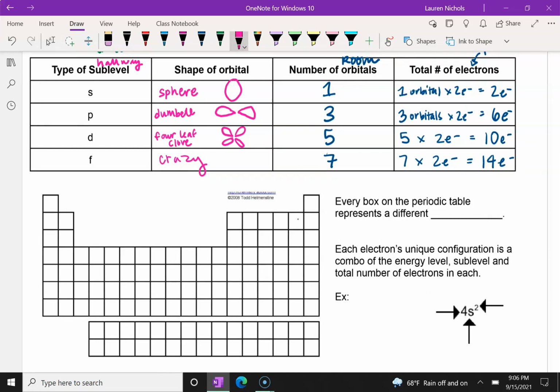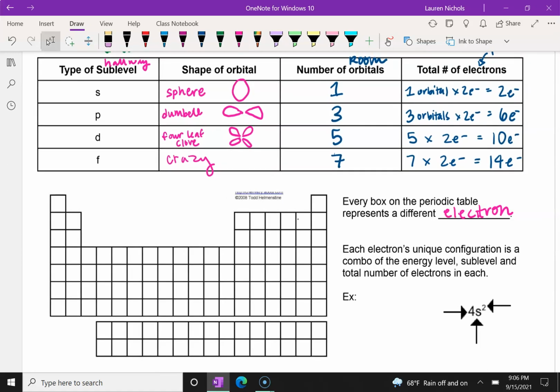But imagine that every box on the periodic table represents a different electron, okay? If you are imagining that, then we know that a row, so remember a row goes side to side like this. So a row, which is also called a period, is also your energy level.